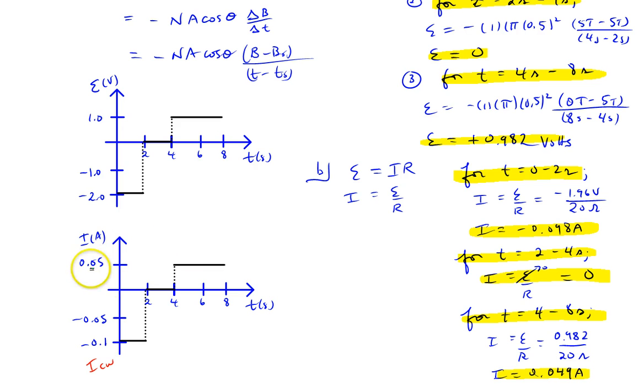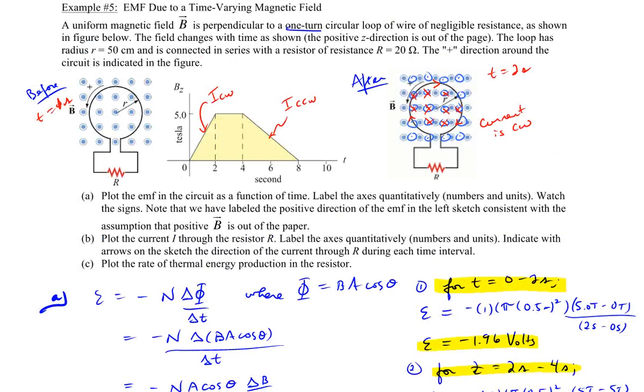And then this current that is positive, that current over here is counterclockwise. And you can see from the diagram above, we've indicated going counterclockwise as being a positive current, and then clockwise would be the negative current.